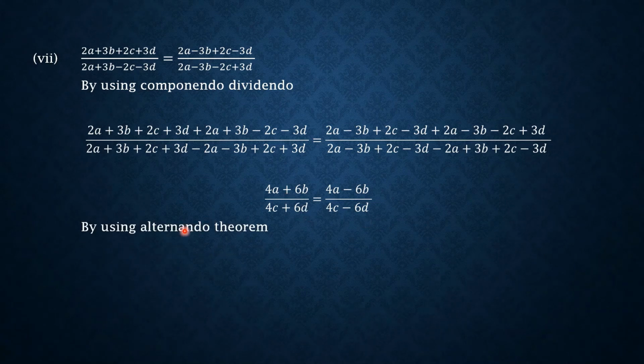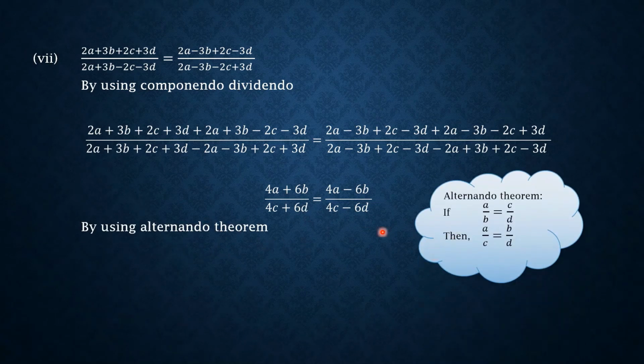So by using the alternendo theorem, because we have to bring 4a plus 6b divided by 4a minus 6b, all the terms containing a and b to the left and all the terms containing c and d to the right, we will use the alternendo theorem. This theorem states that if a over b equal to c over d, then this can be written as a over c equal to b over d.